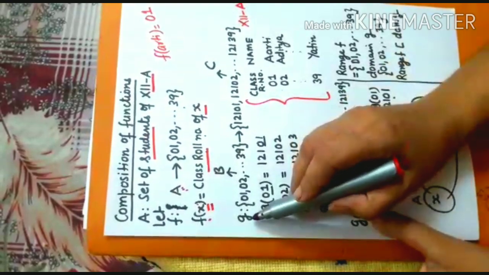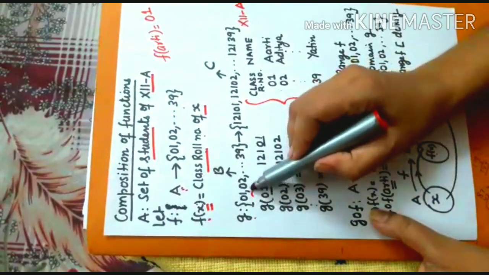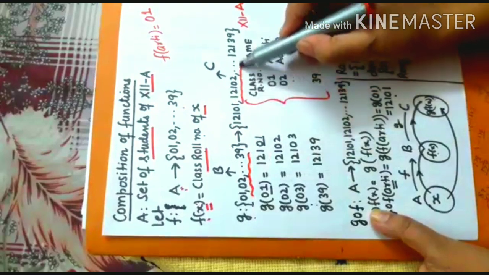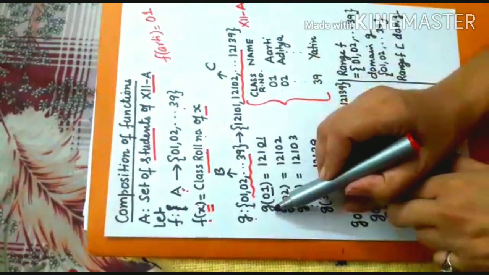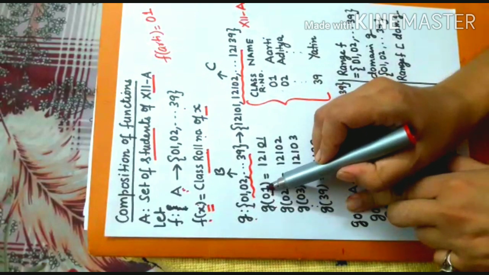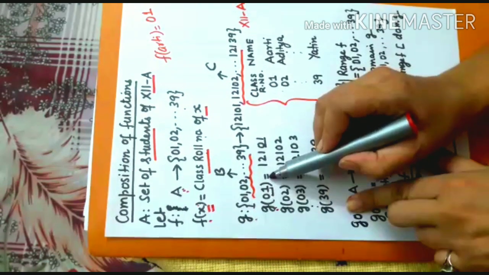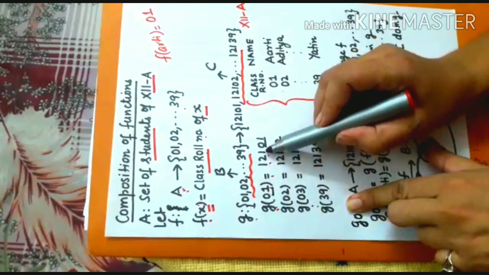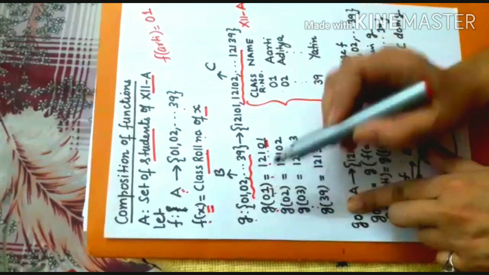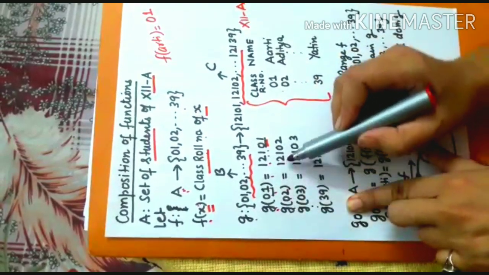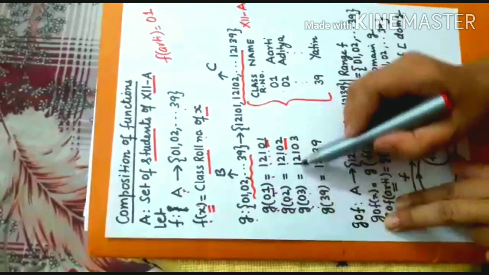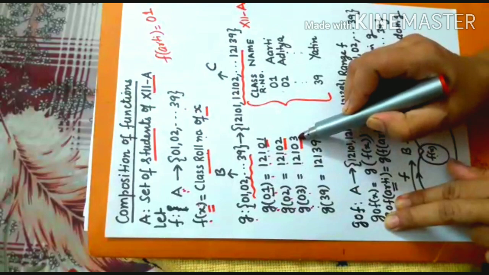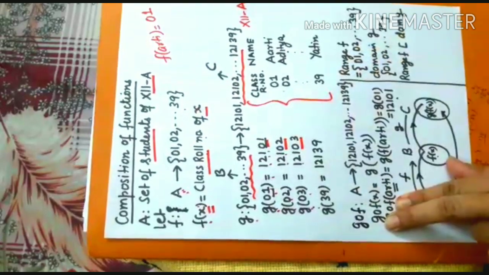Now let G be another function from this set to this set, defined as image of 01 under the function g is equal to 12101. Image of 02 is 12102. Image of 03 is 12103, and so on.